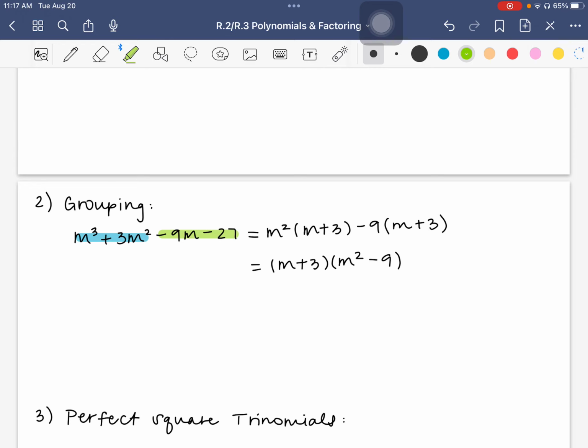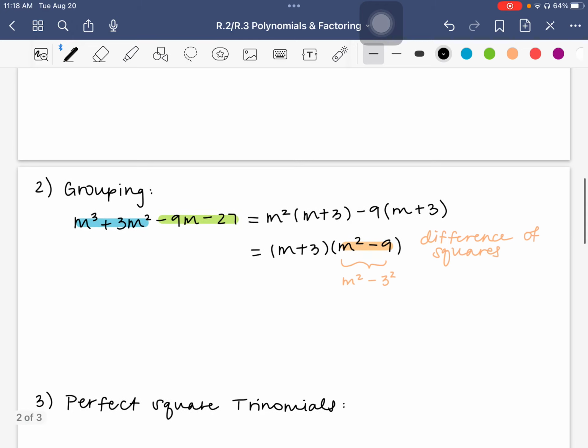Now something to note here is that this right here is called a difference of squares, since we have m squared minus 9, which is the same as 3 squared here. And in our book, we know that that can be rewritten.